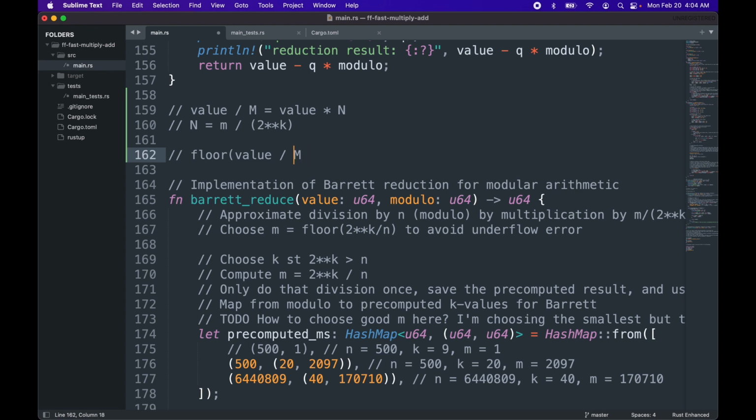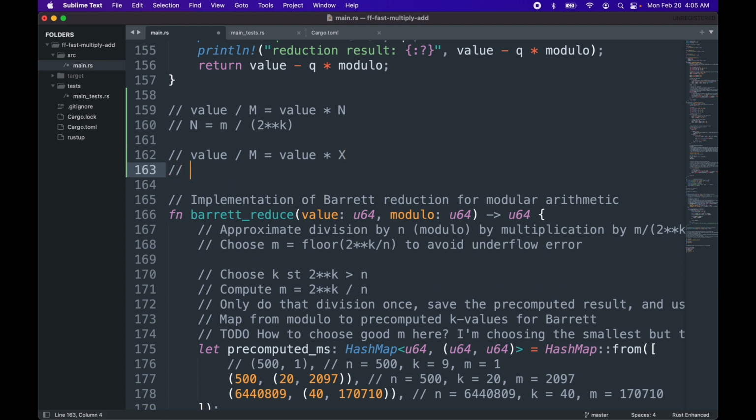I am going to take this away for a second and say that the form that I want is value times some number, right? This will be good to work with if x is of the form m divided by 2 to the k, because then we're just bit shifting.